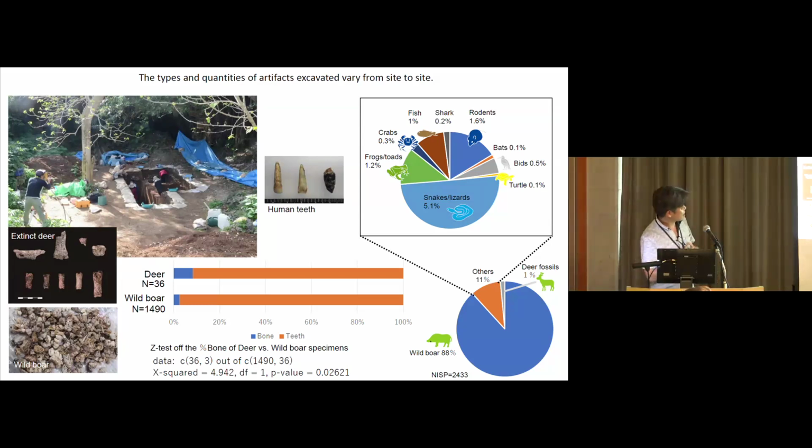And the first case is the Tsuzupiskiabu Cave, an early Holocene site on Miyako Island in Okinawa. In this cave, we obtained many animal remains from the early Holocene layer. The most abundant taxon is wild boar teeth.